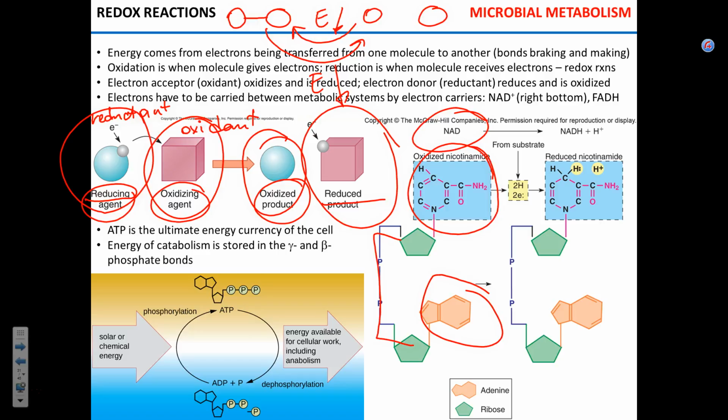This NAD can accept two electrons. When it accepts electrons, is it reduced or oxidized? Reduced. So when NAD accepts electrons, it becomes reduced, and its reduced form is called NADH and always has a hydrogen ion hanging out next to it. Why hydrogen ions?